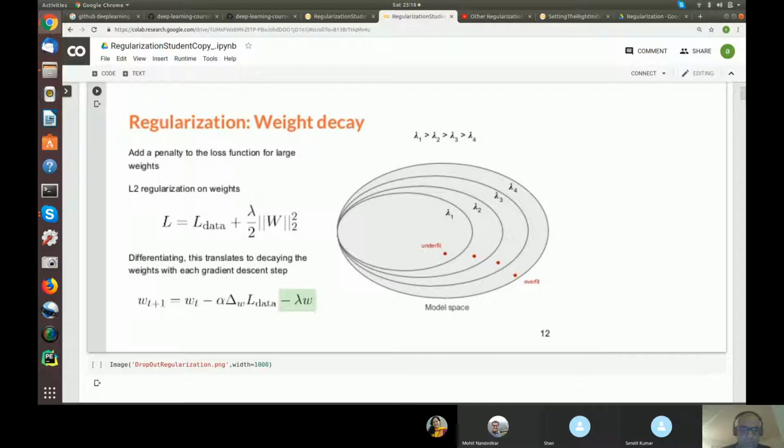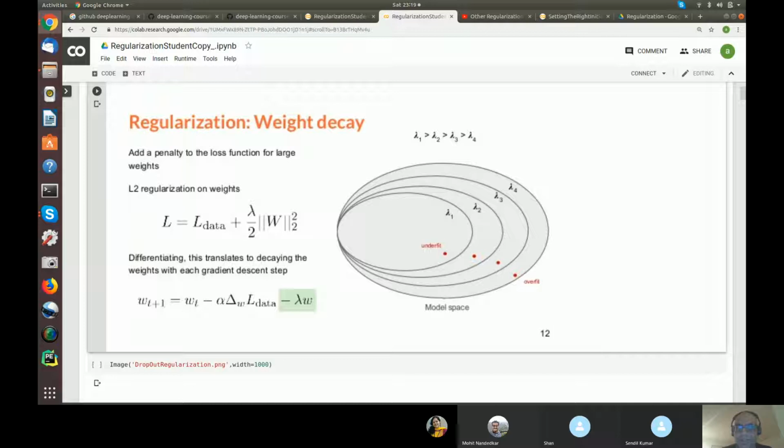So that distance between the actual and the predicted can be measured in various ways. And whatever way it's done, we call that the loss function. And what we want to do is, we want to minimize that loss function and minimize the difference between the predicted and the actual.